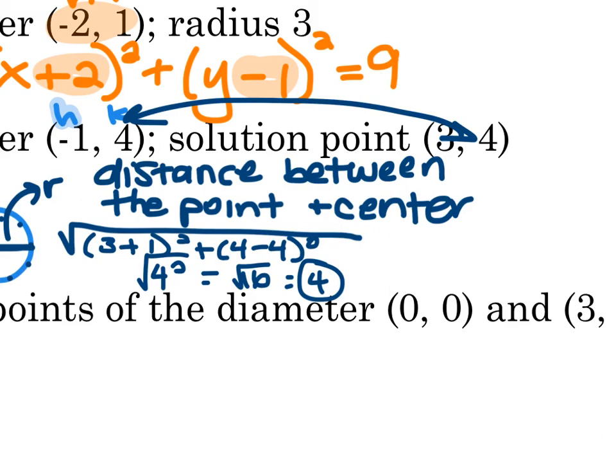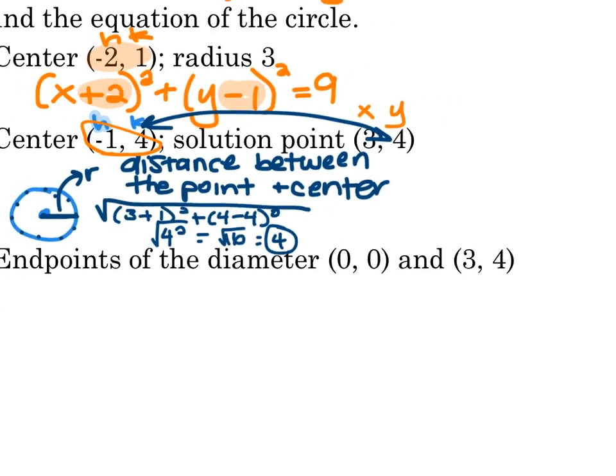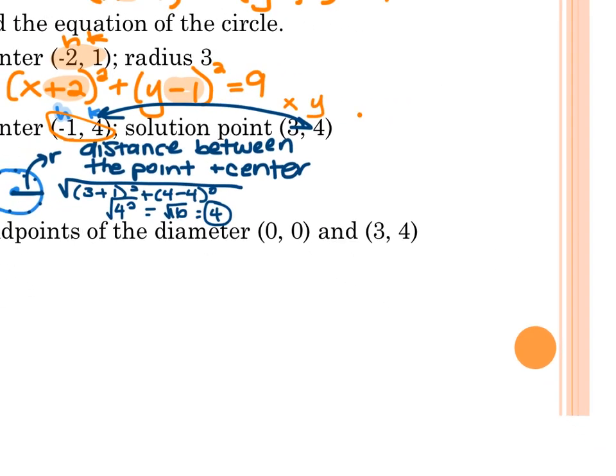Or I can use these two points, this as my (h, k), this as my (x, y), and plug it into the initial equation. So x minus h squared plus y minus k squared would equal r squared.